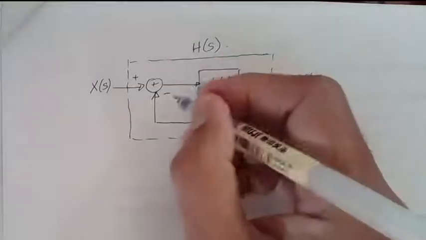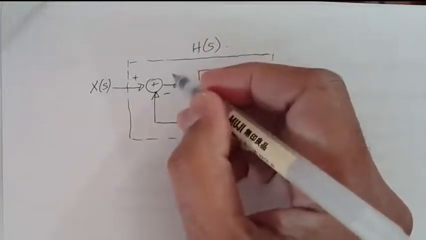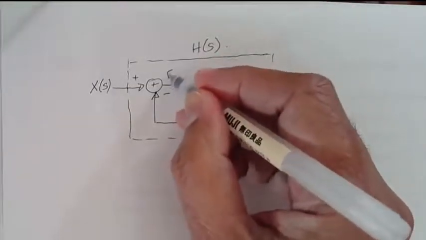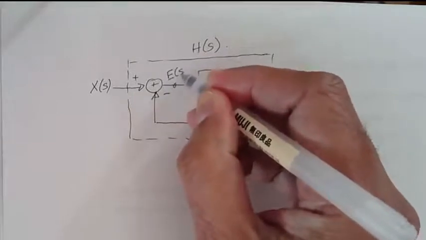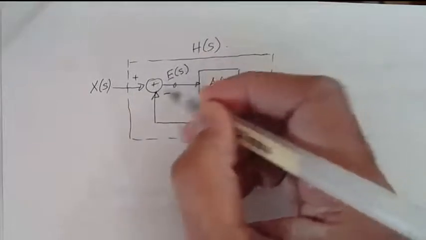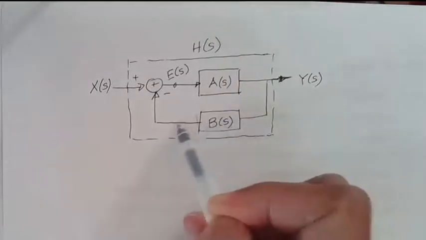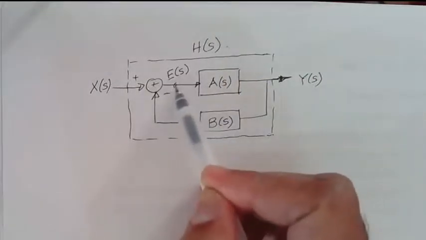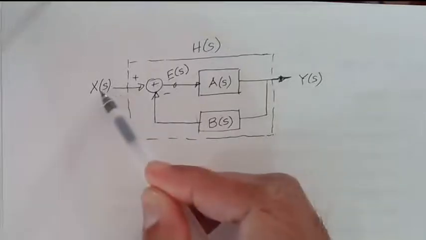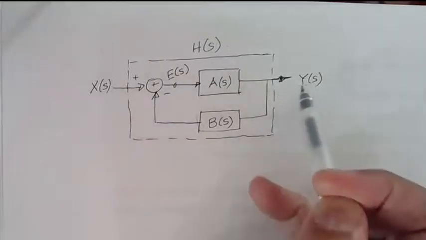In order to do that, I'm going to introduce a new variable here. I'll call this E of S. The reason for the E is that in a lot of systems, this B is just a straight line, so this signal out here is just the error between the input and the output.